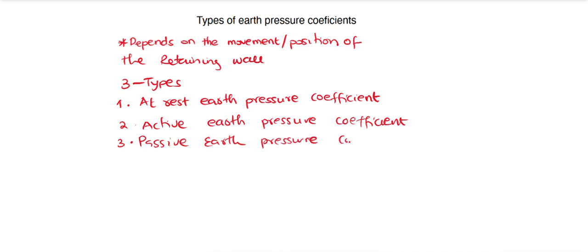Now we are going to take each of them one by one, but first something brief about them. For the at rest, the retaining wall is static. Just as the name implies, at rest there is no movement.